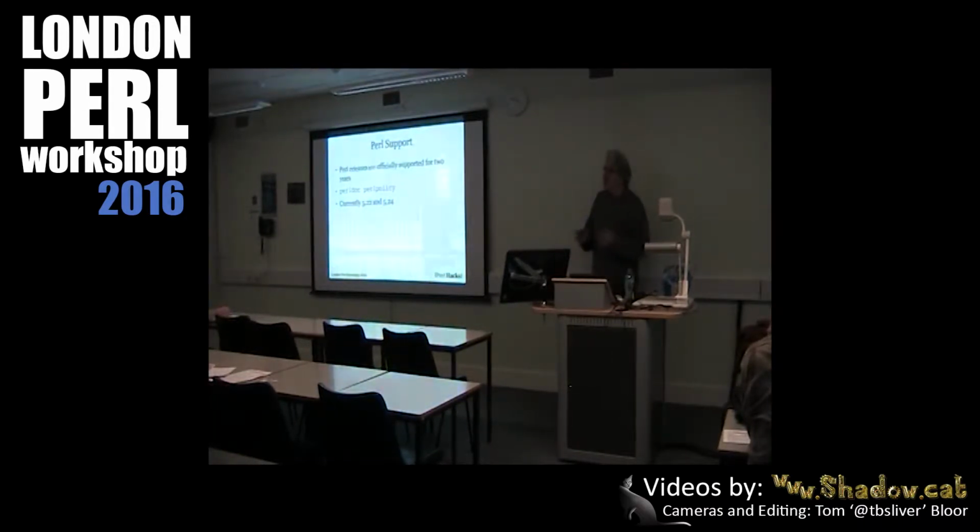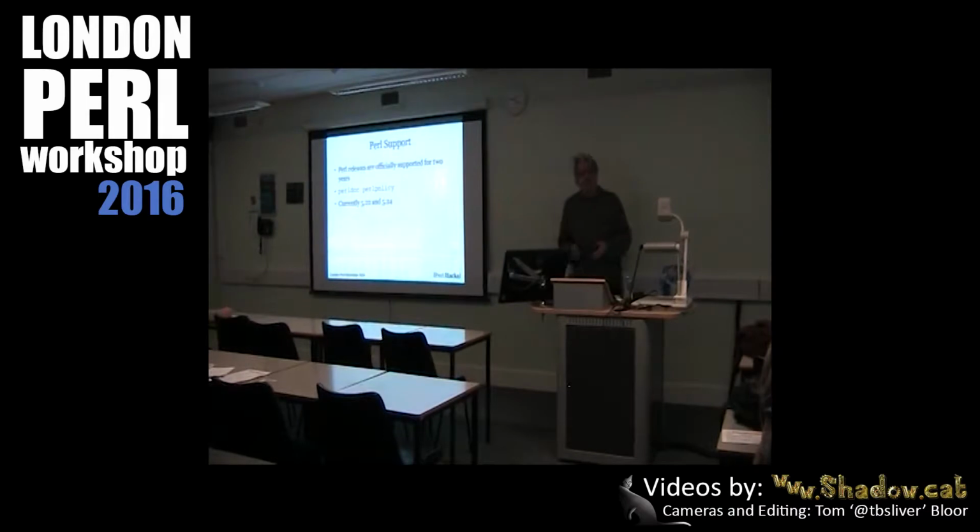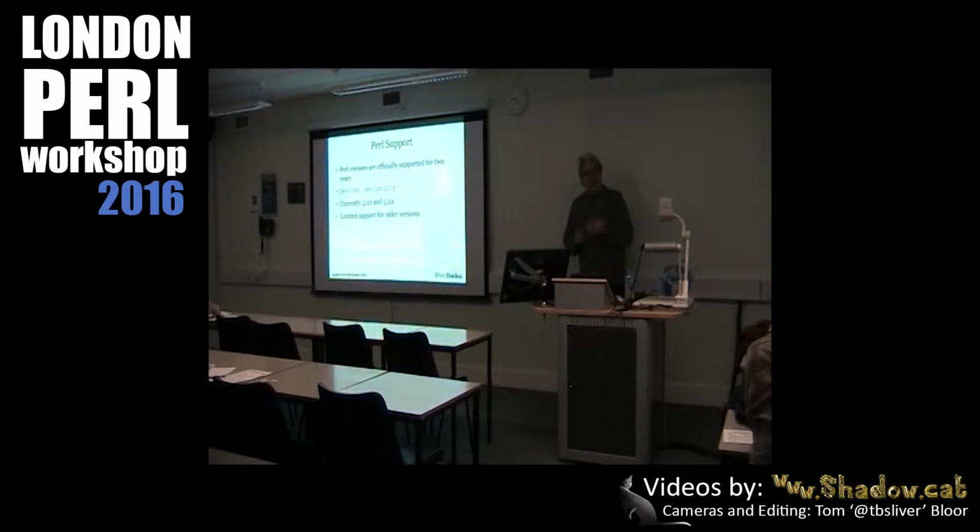I find that can sometimes be a nice way to put a bit of a rocket under a manager that won't let you upgrade to a more recent version of Perl. If we're not using Perl 5.22 or 5.24, we're using an unsupported version of Perl, and that kind of scares people, which is good. There is limited support for older versions. The Perl 5 porters are a volunteer group, and they will do what they can, but it's strictly on a best efforts kind of basis.